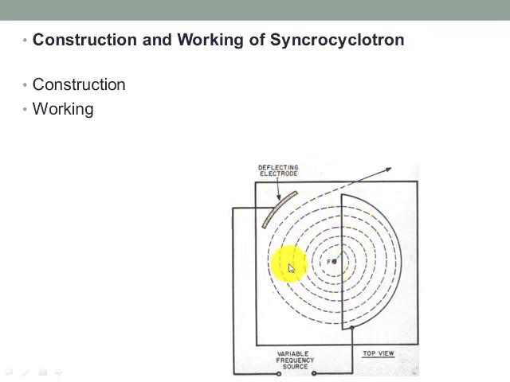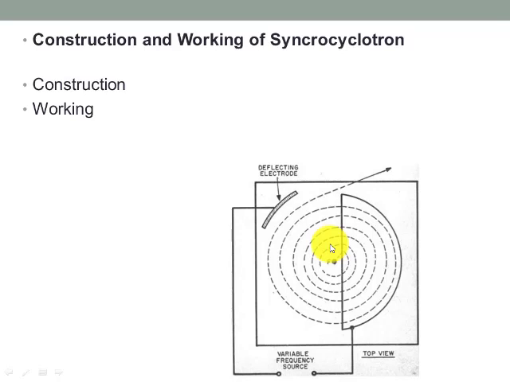It will cover a very large distance in the circular motion of the particle. The magnetic field is constant for the cyclotron, whereas the magnetic field decreases for the synchrocyclotron. That is the major difference between the cyclotron and synchrocyclotron.